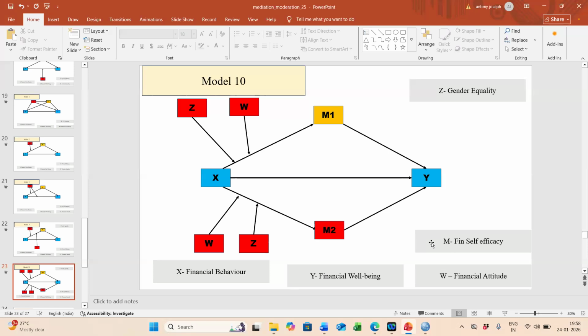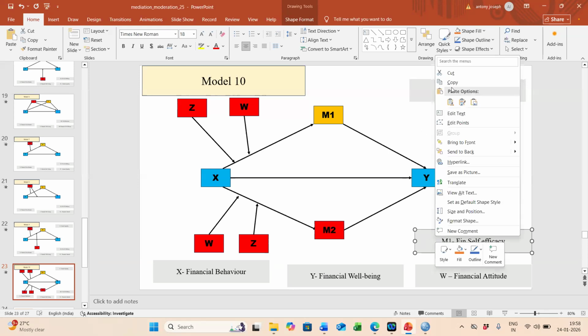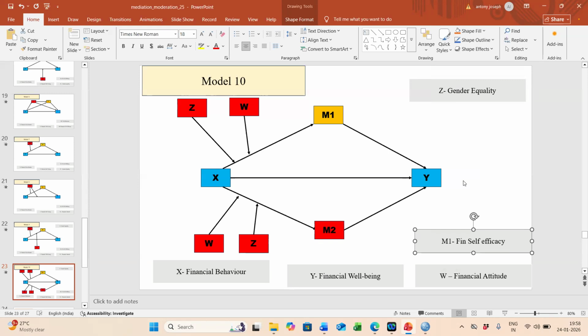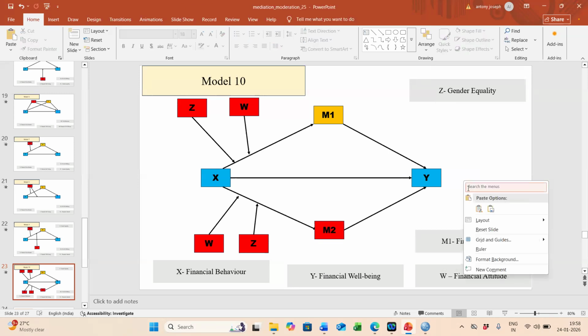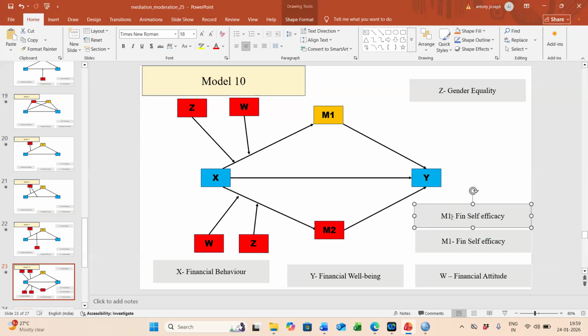And we need two mediators. I haven't given M2. Self-efficacy is M1, and we need one more mediator. So M2.